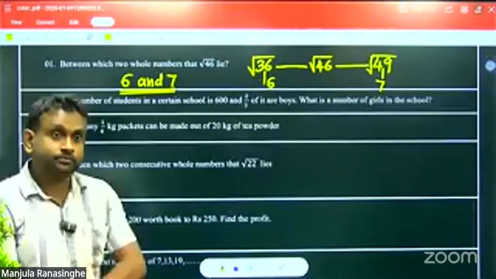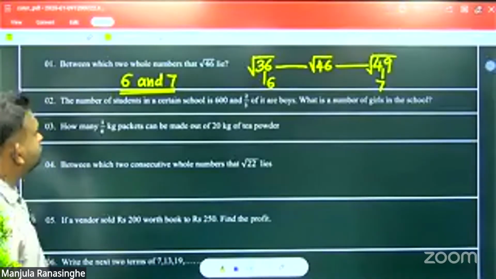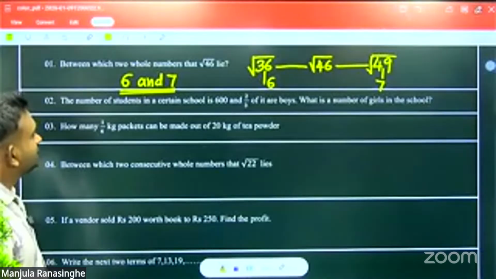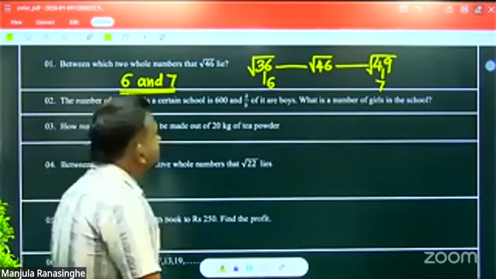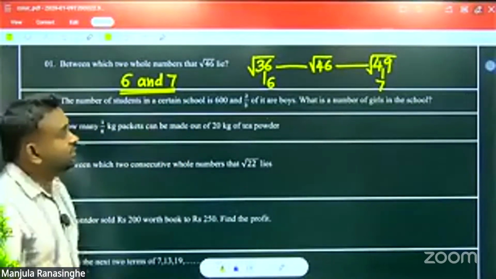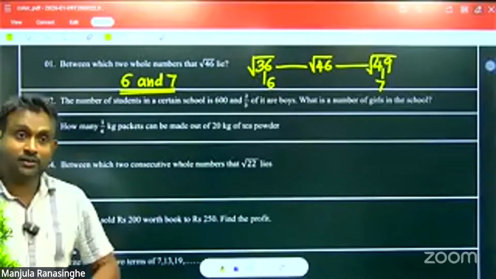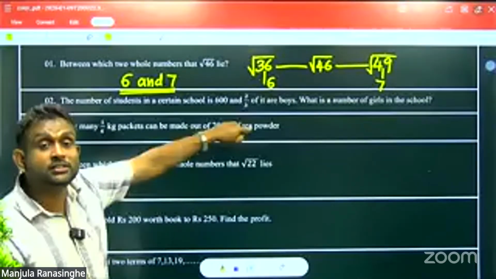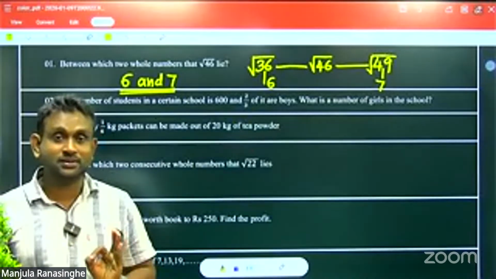Now, question number 2. The number of students in a certain school is 600 and 2/3 of them are boys. What is the number of girls? The easiest way: 2/3 are boys means the rest are girls, no other people except boys and girls.